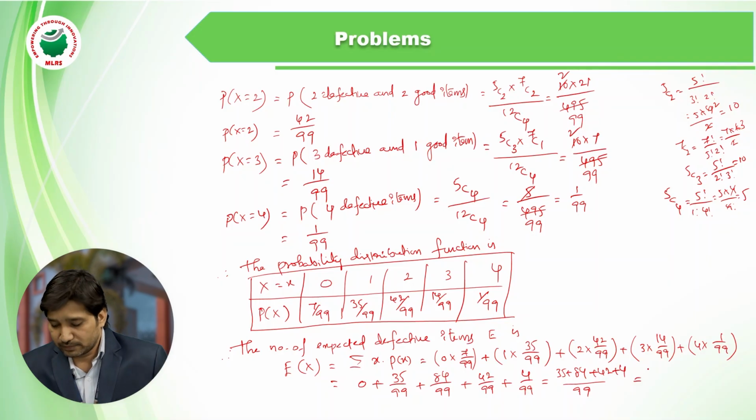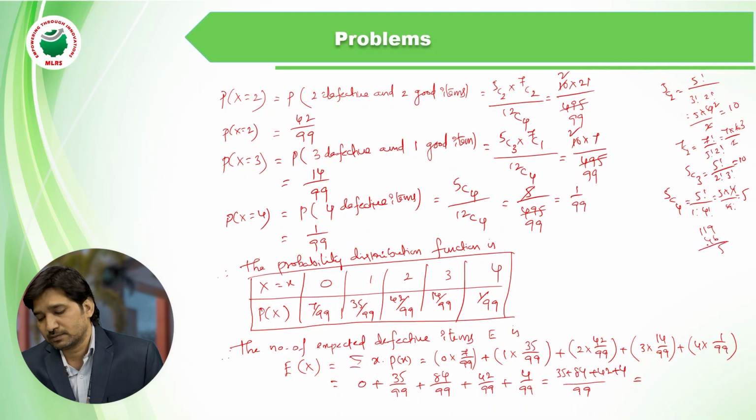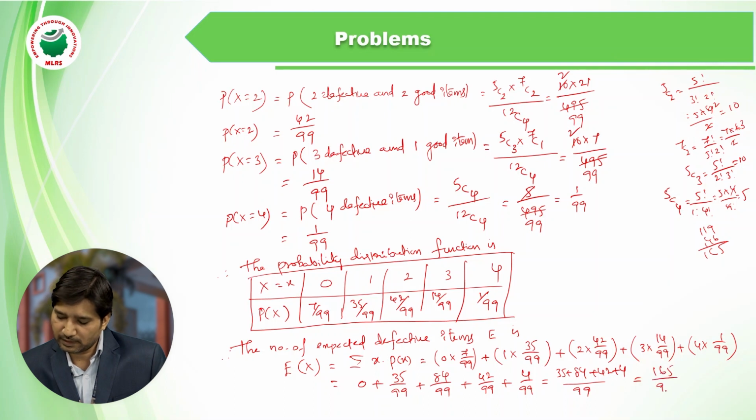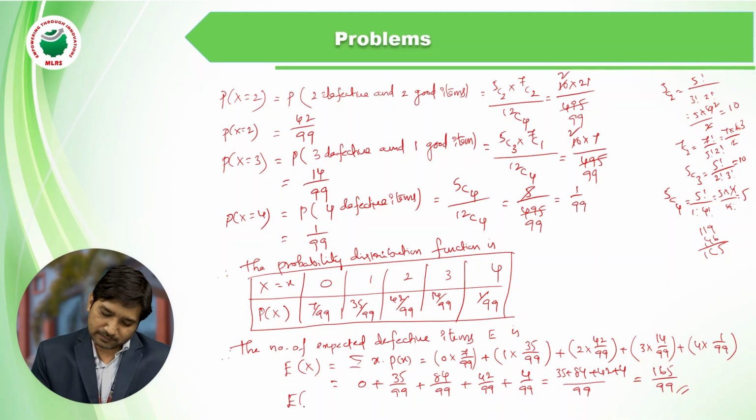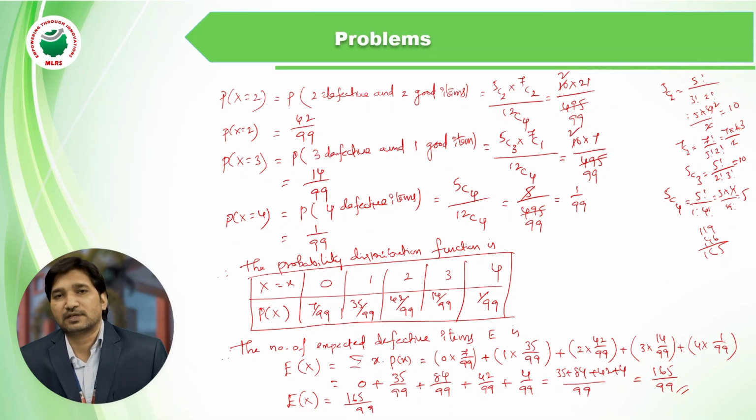Adding these values, 35 and 84 is 119, 119 and 42 is 161, plus 4 is 165. So 165 by 99. If possible we can cancel it, otherwise we can leave it. So finally, the expectation is 165 by 99. These are the expectation or mean of the given number of defective items.